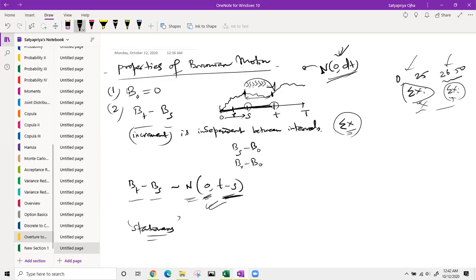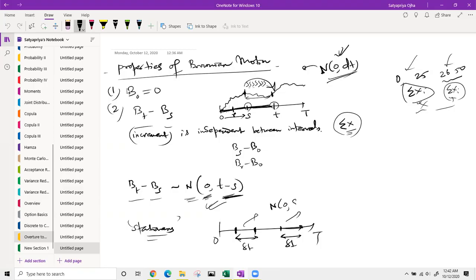So Brownian motion increments are also stationary, meaning it's very easy. From 0 to capital T, if you take an interval here, which is having a length of, let's say, delta T, and if you take an interval here, same width delta T, then both of these increments have the same distribution.